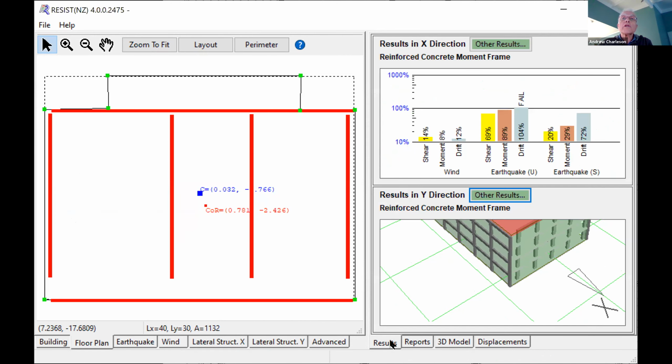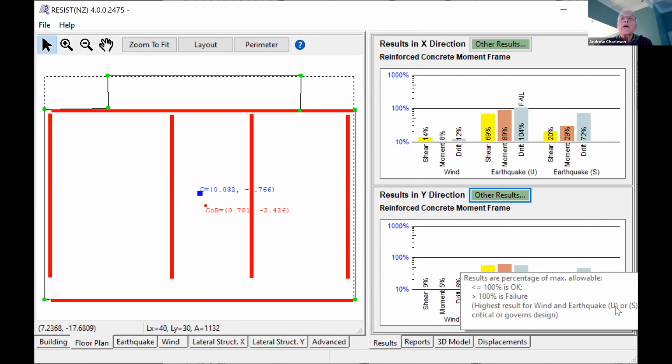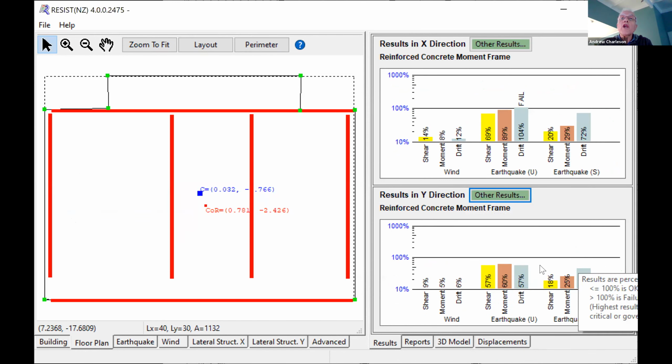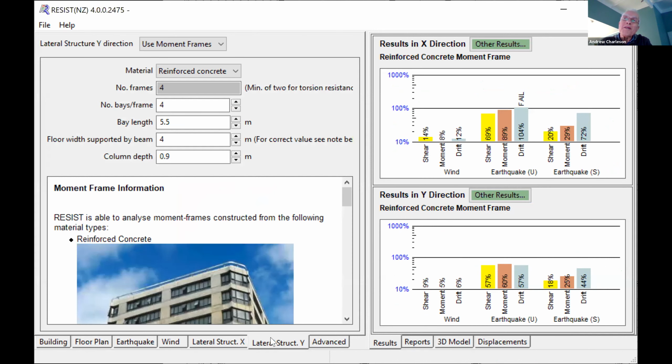I go to results. My results are very low. Therefore, I can reduce the dimensions of my columns and beams. And so originally my beams were 90 centimeters deep.